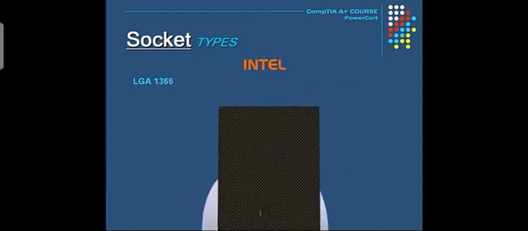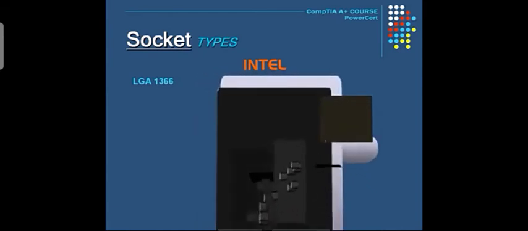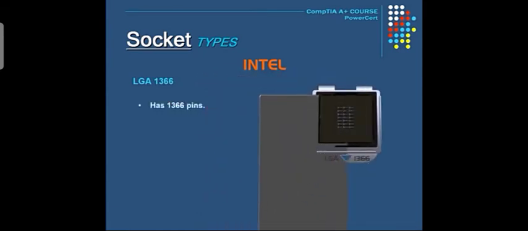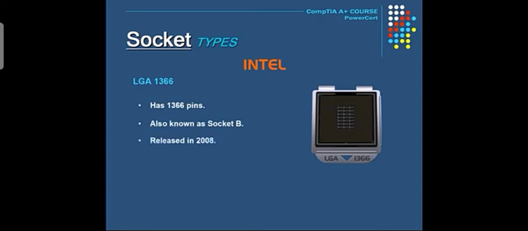And next is the LGA 1366, and as its name states, this has 1366 pins. And this was also known as socket B. It was released back in 2008 and has succeeded the LGA 775. The LGA 1366 uses the Intel Core i7 and Xeon processors.